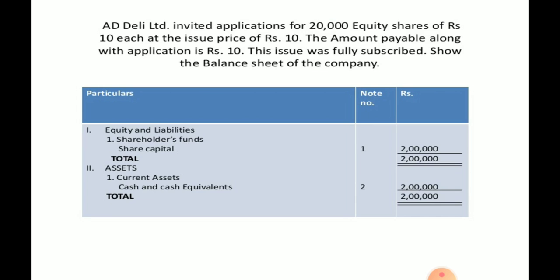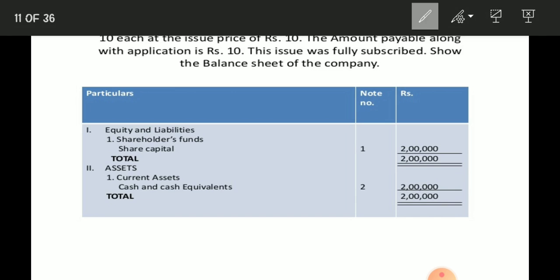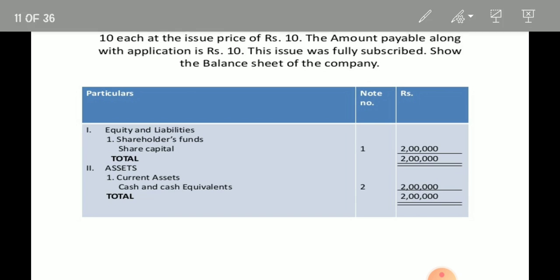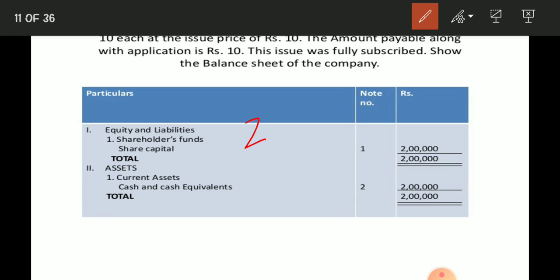So, here we solve that. AD Delhi Limited invites applications for 20,000 equity shares of rupees 10 each. So 20,000 into 10. Okay. How much? 2 lakh. Okay. Don't enter it yet. First complete the question.